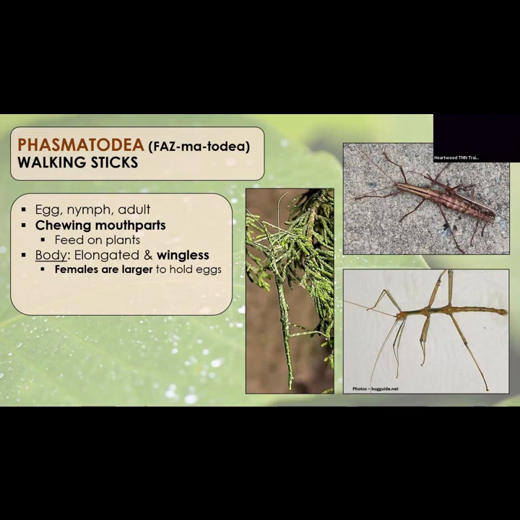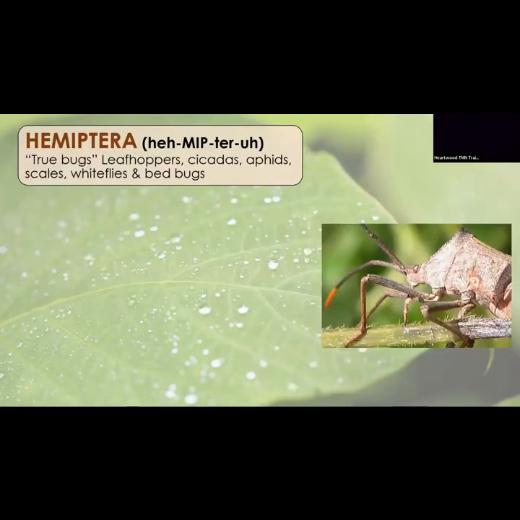That's the female and that's the male. The female's bigger, like most animals, so she can hold eggs. Their legs are long for walking. They're slow moving and camouflaged. Does it have six legs and look like a stick? This is your order. I love them though, they're so cool.